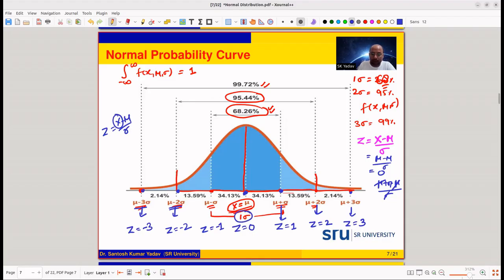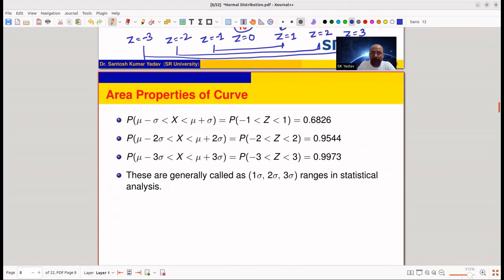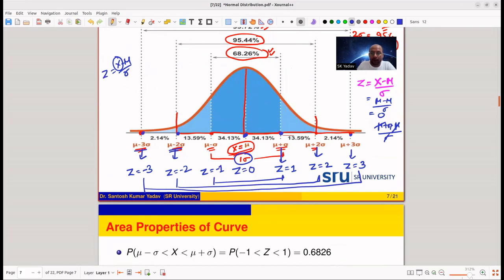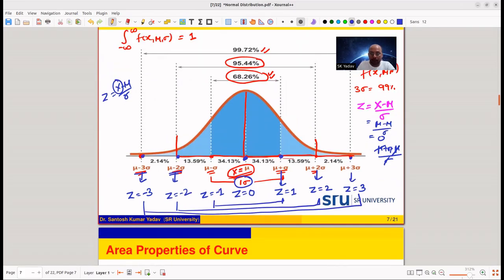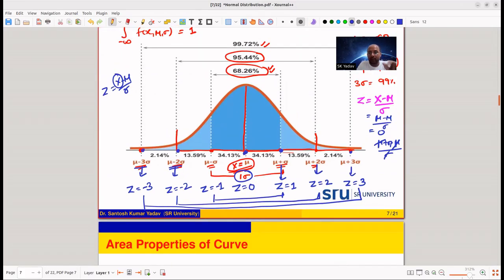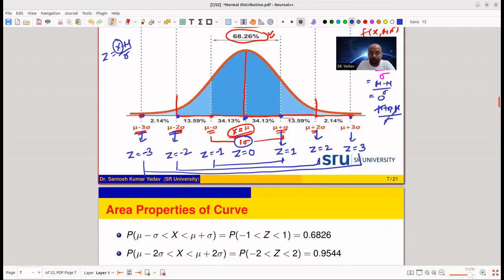In terms of 1 sigma, your Z range is from -1 to 1. In case of 2 sigma, your Z range is from -2 up to 2. And in case of 3 sigma, your Z range is from -3 up to 3. And these I have written properly here. So I hope you understand this normal curve and its basic structure.